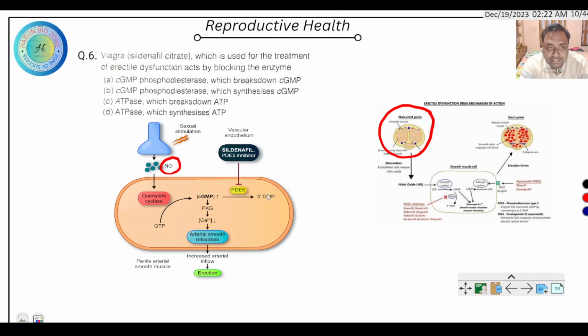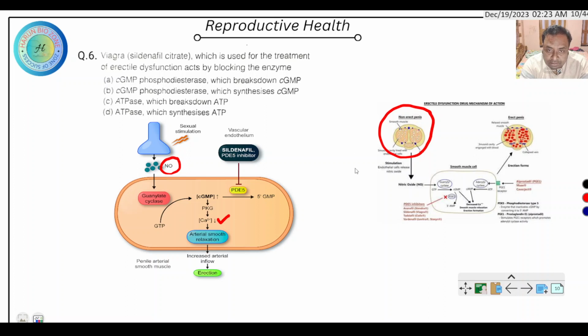But when sildenafil citrate is present, cyclic GMP does not break down and it converts into PKG, protein kinase G. PKG stimulates the endoplasmic reticulum to release calcium ions. This calcium ion increases the arterial smooth muscle relaxation. Arterial means the artery present inside the penis muscle.